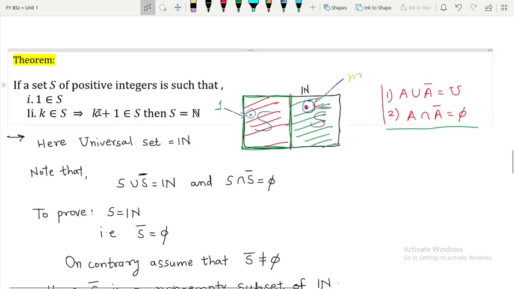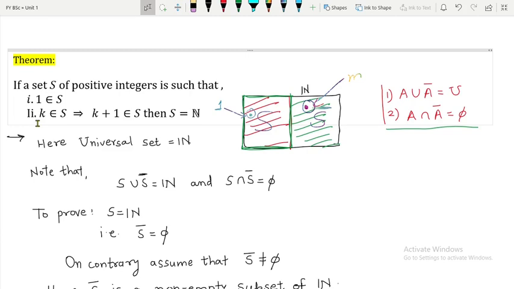If S is a set of positive integers, it is a subset of natural numbers, you assume that. And if that set S contains 1, that is the first condition, and the second condition is if it contains k then it also contains k plus 1, then what happens is that set is exactly nothing but what?